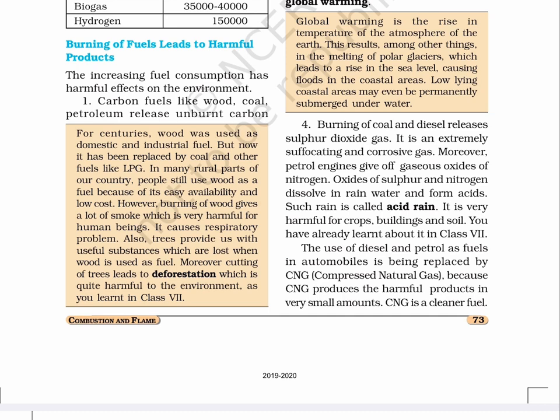However, burning of wood gives a lot of smoke, which is very harmful for human beings. It causes respiratory problem. Also, trees provide us with useful substances which are lost when wood is used as fuel. Moreover, cutting of trees leads to deforestation, which is quite harmful to the environment, as you learnt in class 7.